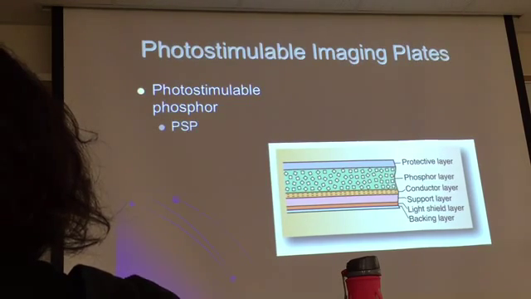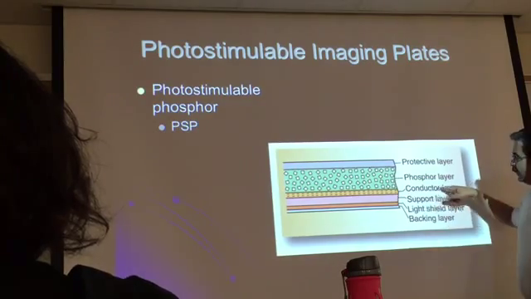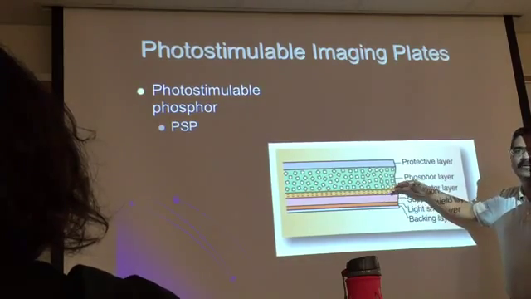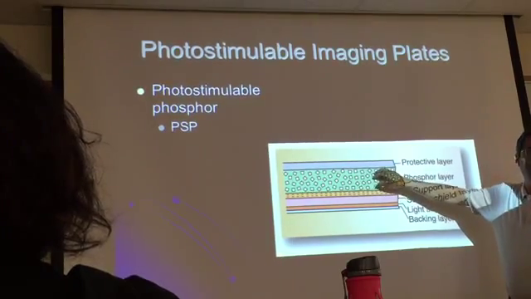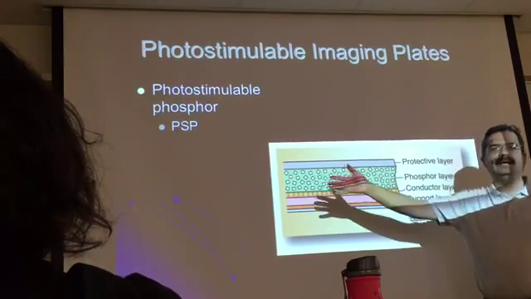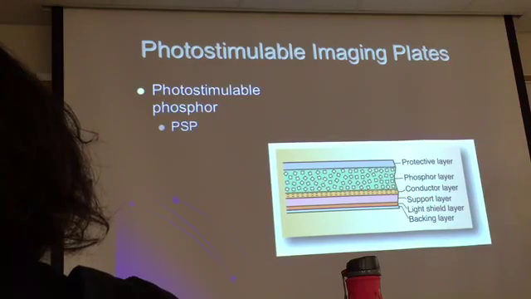But the heart of the photostimulable plate is the phosphor. This is it. And then probably the second most important is the conductor layer. It's what's going to happen with the energy that has been collected here, how are you going to move it out of the plate? So you have a conductor.